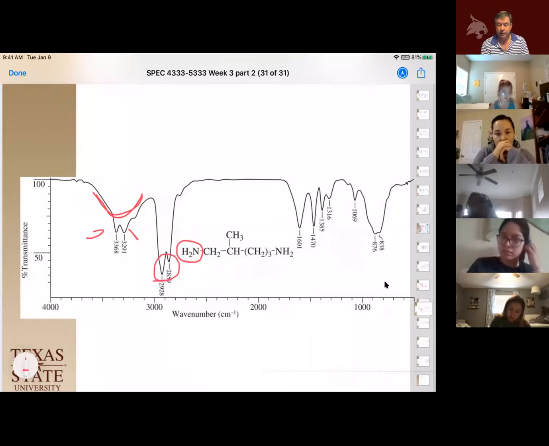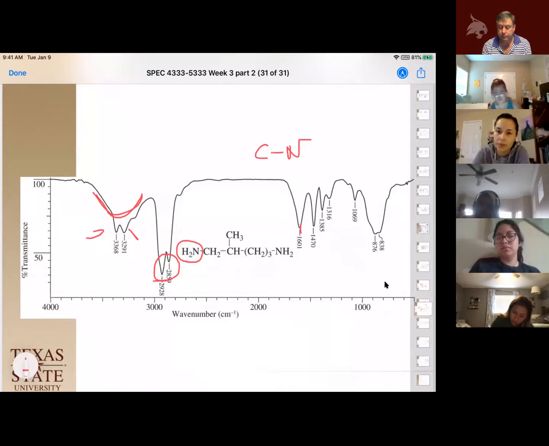And we have something at 1600, which is our carbon-nitrogen bond. Actually, is that right? No, that can't be right.